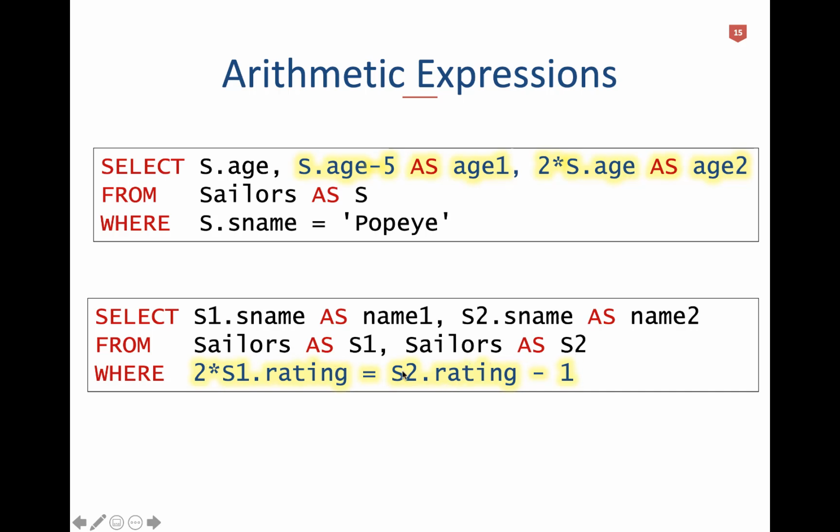Again, we are getting a cross product of the same table on itself. So we're looking at the sailors themselves, where we have this relation valid. It will show me two names, name1 and name2, where this condition is valid.